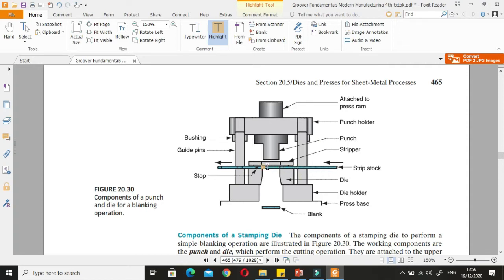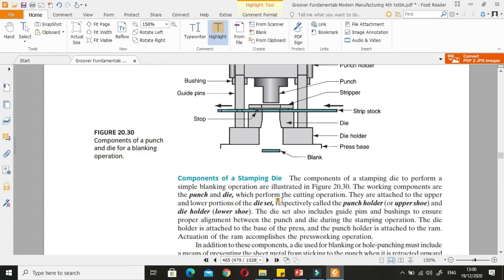So once we have entered enough material into the machine to perform the operation, the stop stops the further feeding of the material until the punching is done. Then we keep on feeding further material, then it stops again, and in this way the process continues for the whole reel of the material.